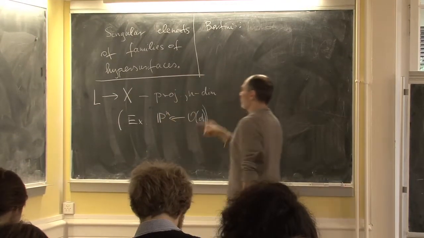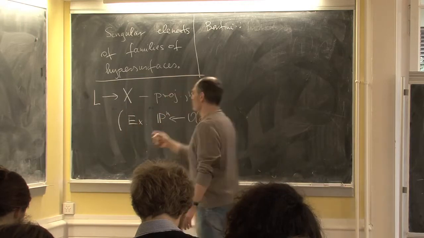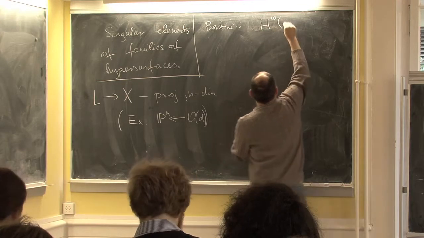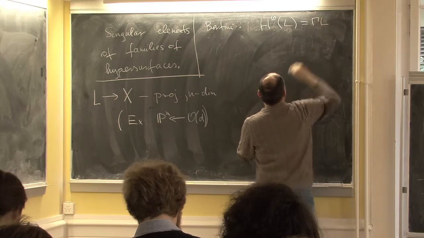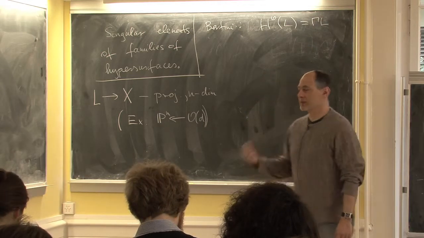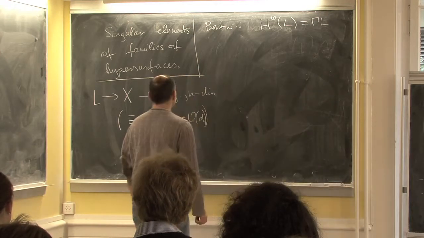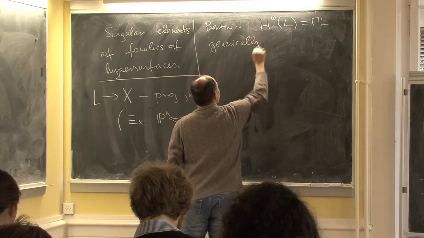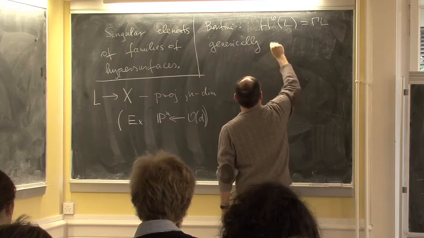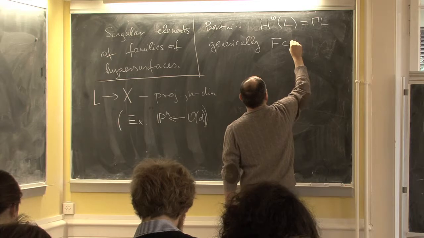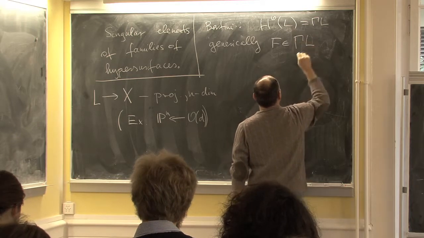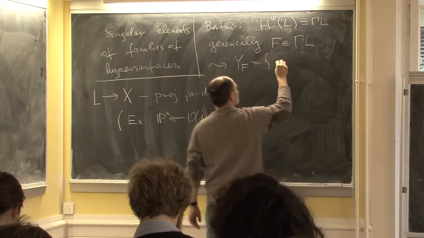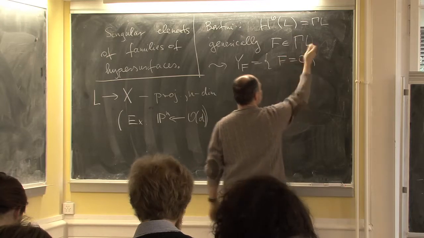Okay, so then the question, more or less, Bertini's theorem says the following. Now I will do hypersurfaces in X. There are two notations: one can look at H0 of L, but it's a little shorter, I'll just write gamma L. It's the same thing, the space of sections of L. And then the idea is that the generic element here, which I'll denote by Y sub F, which is just the part where this section of the line bundle is 0.